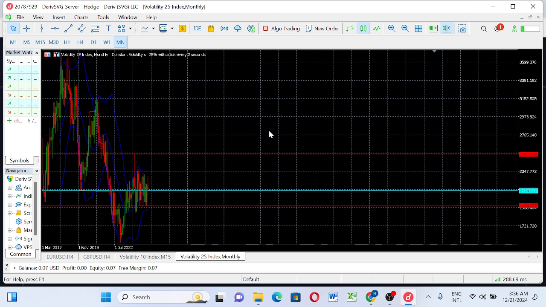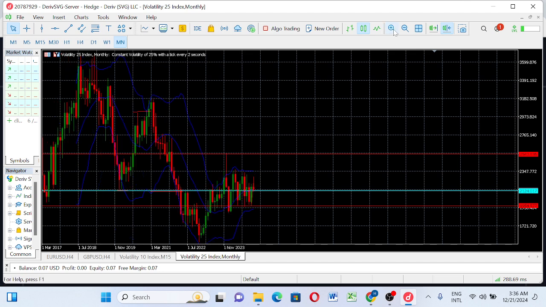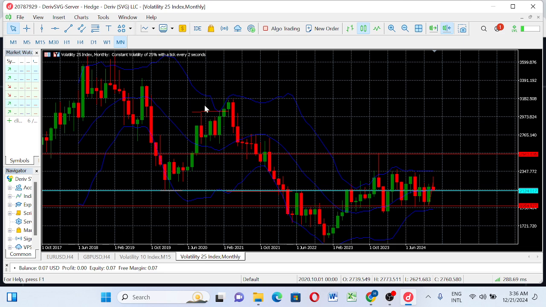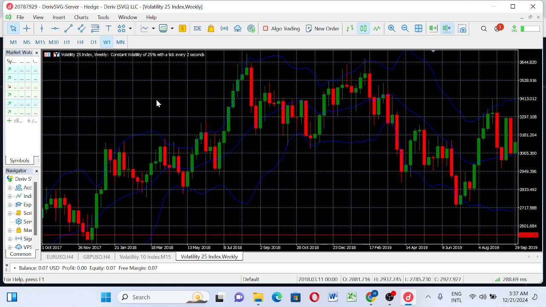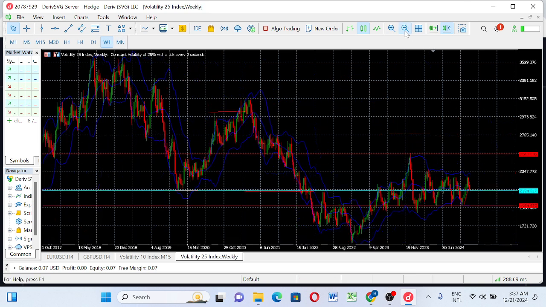One thing we did first was to check the higher time frame. This is the monthly time frame of the Volatility 25, and it simply tells us that the market is in a downtrend. You understand? It's in a downtrend on the higher time frame. Now we go down to the smaller time frame, and you can see an extension of the same downtrend on this weekly time frame.